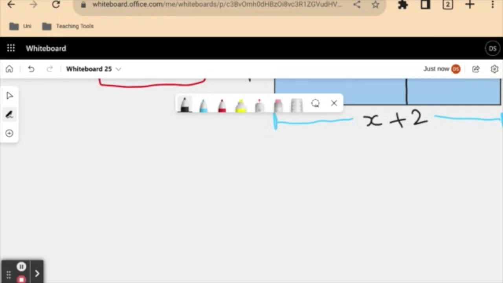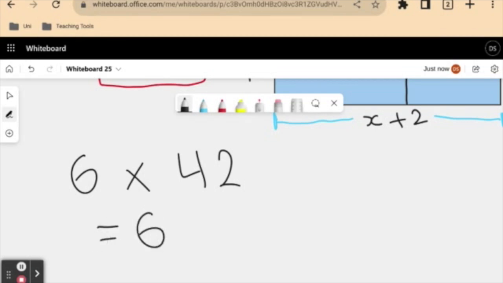Say I was to tell you, find me the product of 6 and 42. Obviously 42 isn't in our times tables. This is a bigger number than we're used to, right? But how could we approach this to make it slightly easier? I don't know 6 times 42 off the top of my head, but I know that 42 is made up of two components, 40 plus 2.